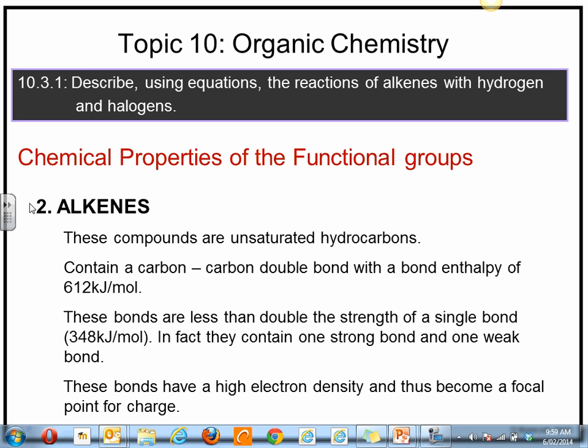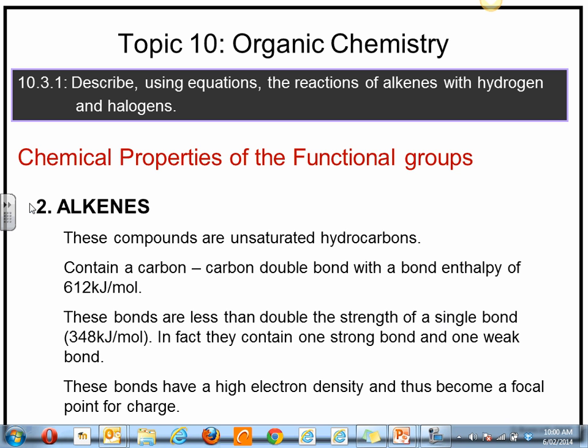Now, the first and most important thing I want you to appreciate about the alkenes, which is very different to the alkanes, is that now these molecules have something in them that is quite different to every other part of the molecule. And that double bond, therefore, is the focal point of the molecule. This is a point where there is a very high electron density. So there are 4 electrons in that double bond, whereas everywhere else there are only 2.